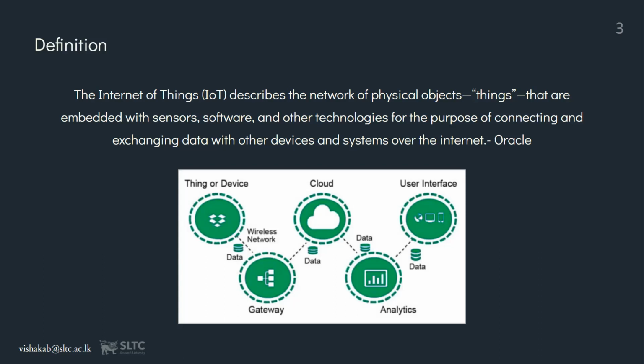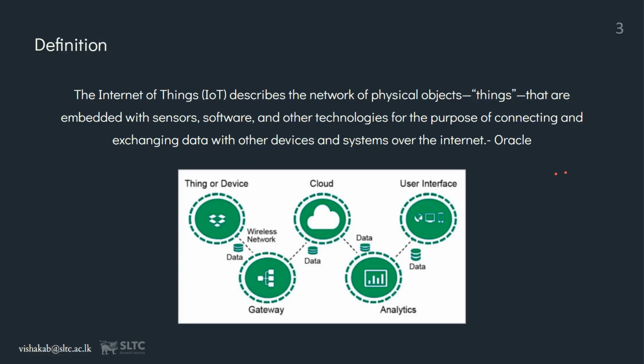So basically, the features of an IoT network is having sensors, software, and other technologies that support the purpose of connecting and exchanging data with other devices and systems over the internet. So basically, we will discuss all these as we go.